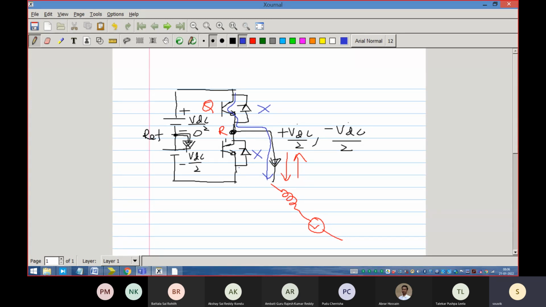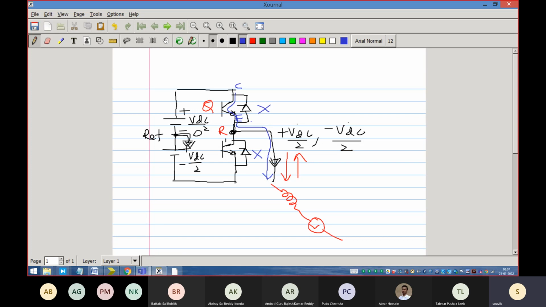The negative current is intending to flow through, this is called collector and this is called emitter, it is intending to flow through emitter and collector. Okay, the Q bar is off, right? So it is intending, but that is not possible. The device doesn't allow it. The IGBT will not allow it. It is not a MOSFET. A MOSFET will allow it.